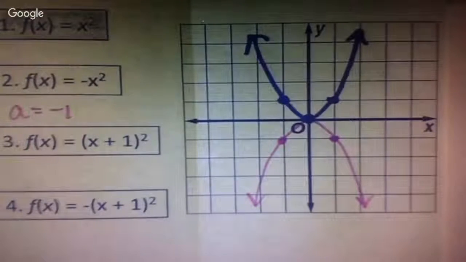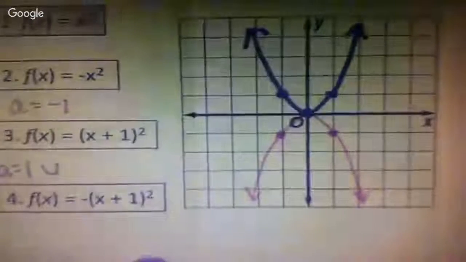For it to be a sad quadratic, there has to be a negative out front. There is no negative out front, which means my A value is 1. So this parabola opens up. So this is a happy quadratic.